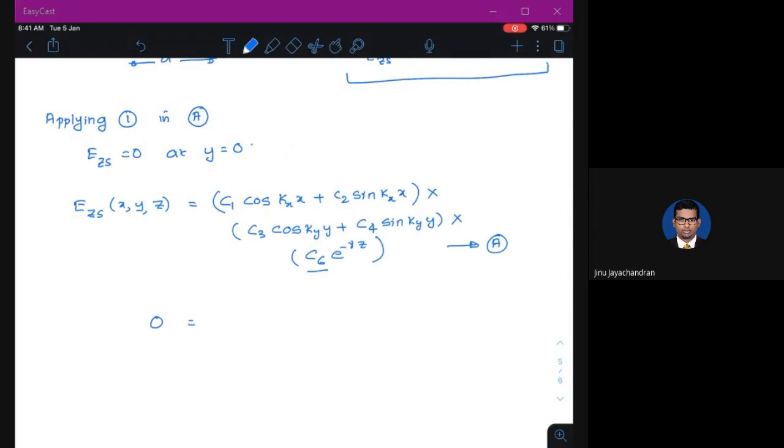Let me multiply this C6 with all these terms.